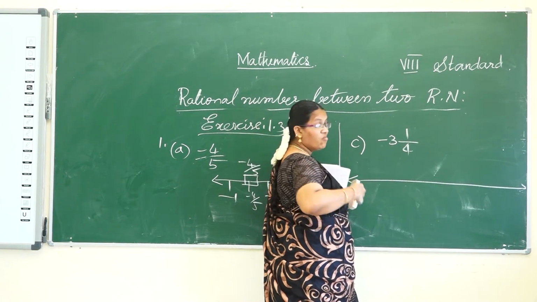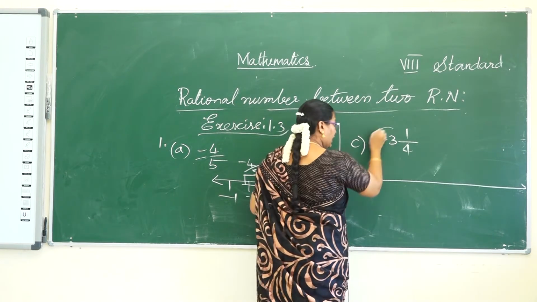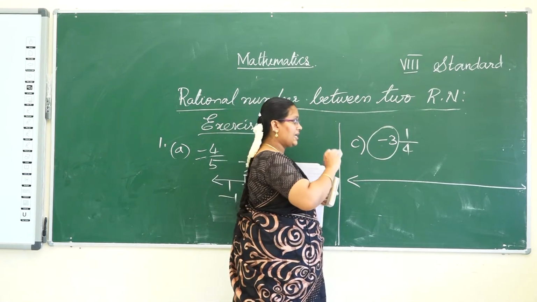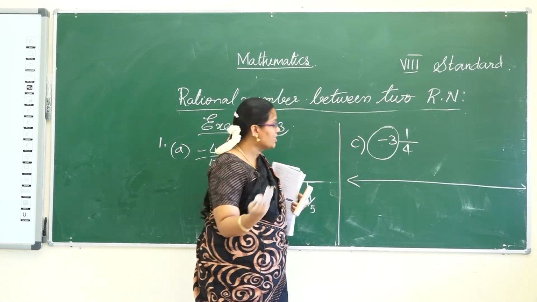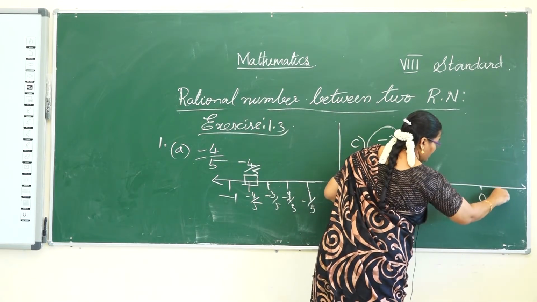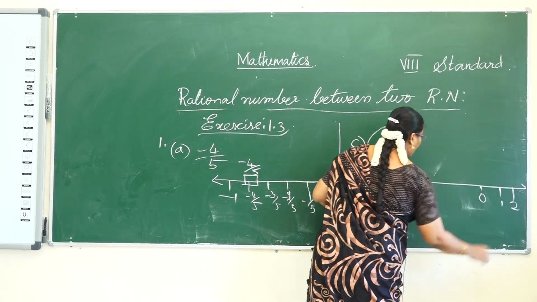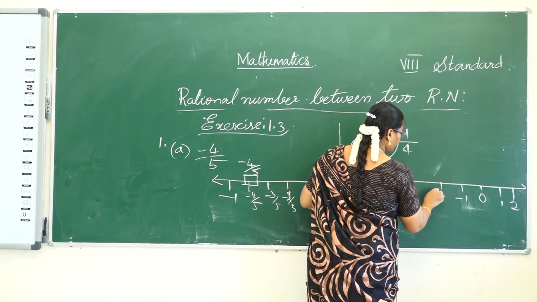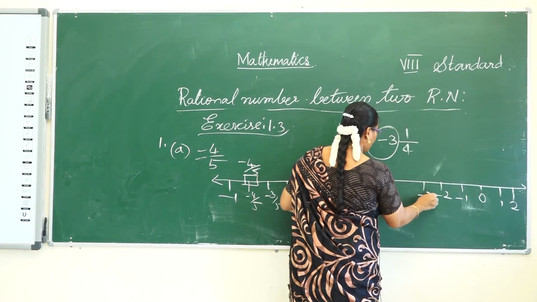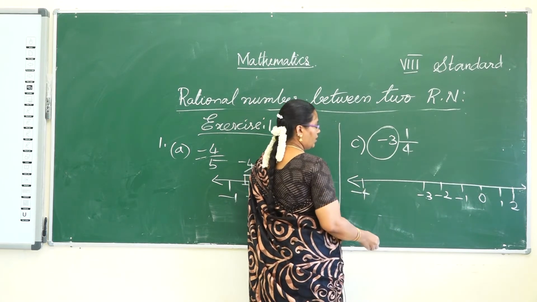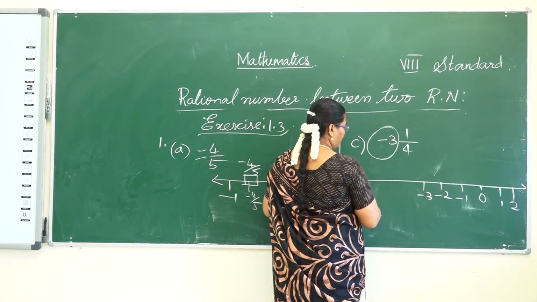It lies between minus 3 and minus 4. Clearly observe the integer is minus 3. Here a negative value is given, so in this place write 1 and 2, after that minus 1, minus 2, minus 3 and minus 4.